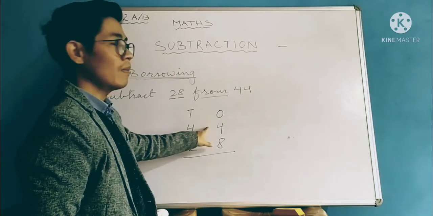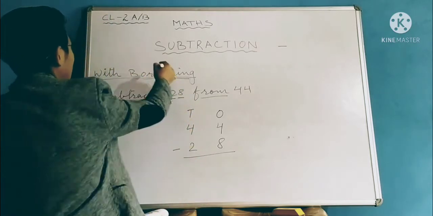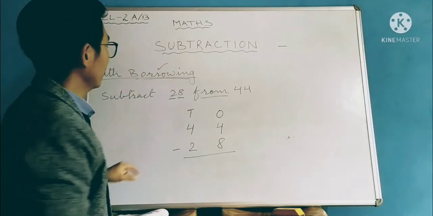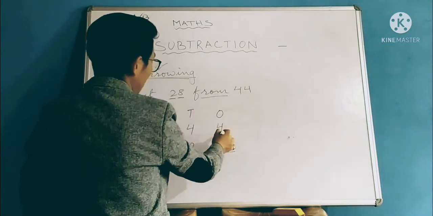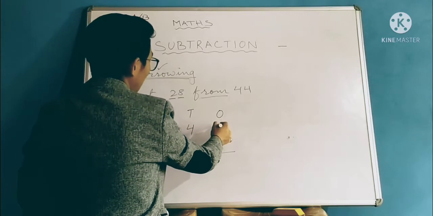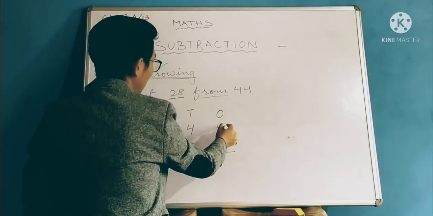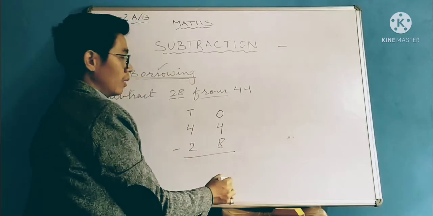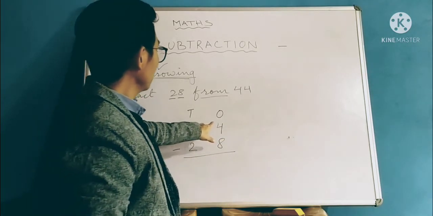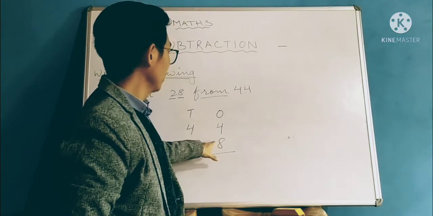Now let's subtract 28 from 44. Just remember this word, borrowing. Here in the ones place, we always start from the ones place. It's not possible to subtract 4 minus 8, since 4 is smaller than 8.